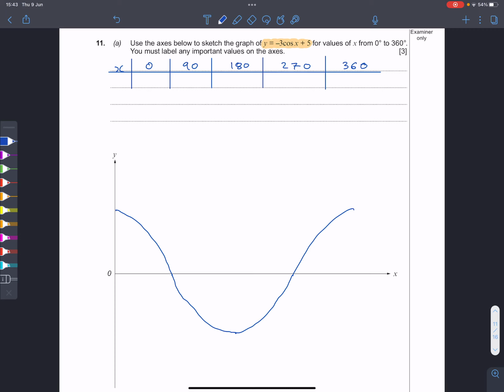You can work that out because if you put the values into cos x on your calculator, you would get 1 coming out there, 0 coming out there, -1, 0, and 1. Now, whatever you do to the cos graph, it kind of maintains its shape.